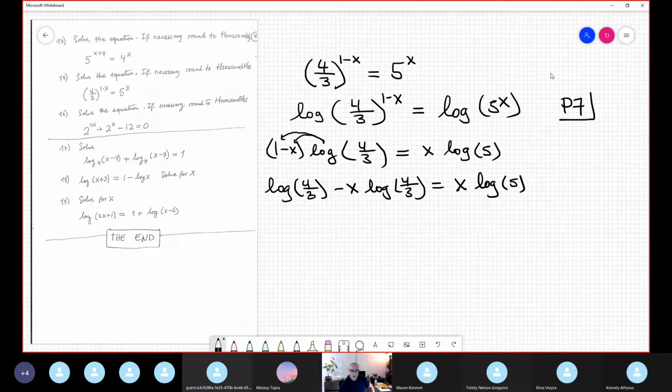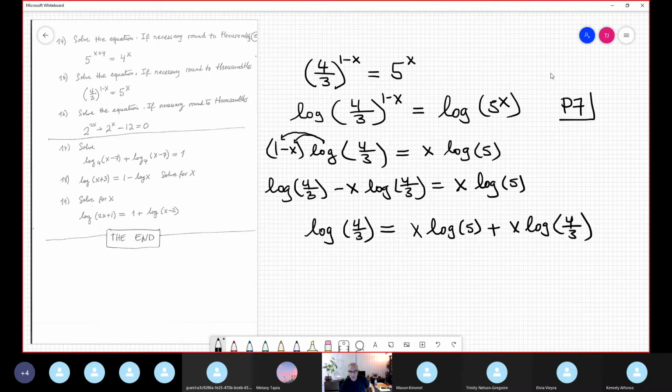I want to solve for x. I need to put the terms that contain x on the same side. So, for example, logarithm 4/3 stays here on the left, and on the right hand side stays x logarithm of 5 plus x logarithm of 4/3, because I bring the negative x to the right hand side as a positive. Now, factorization.